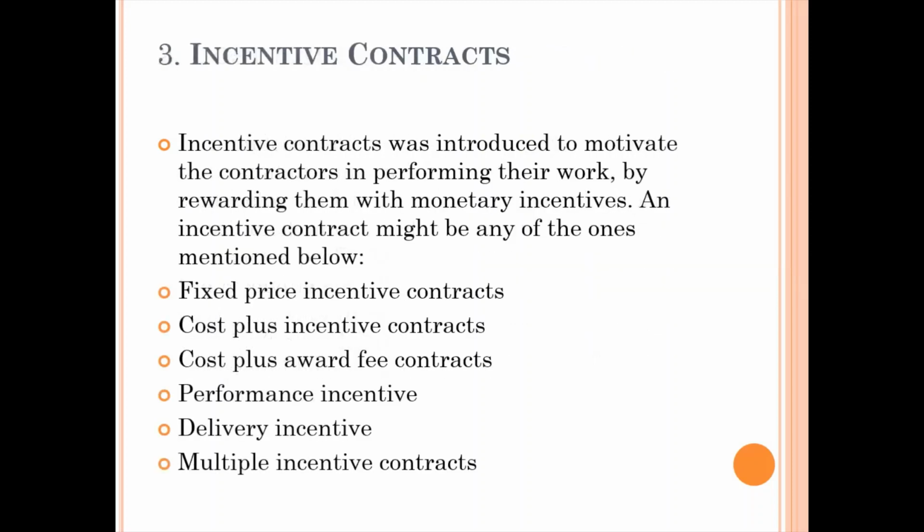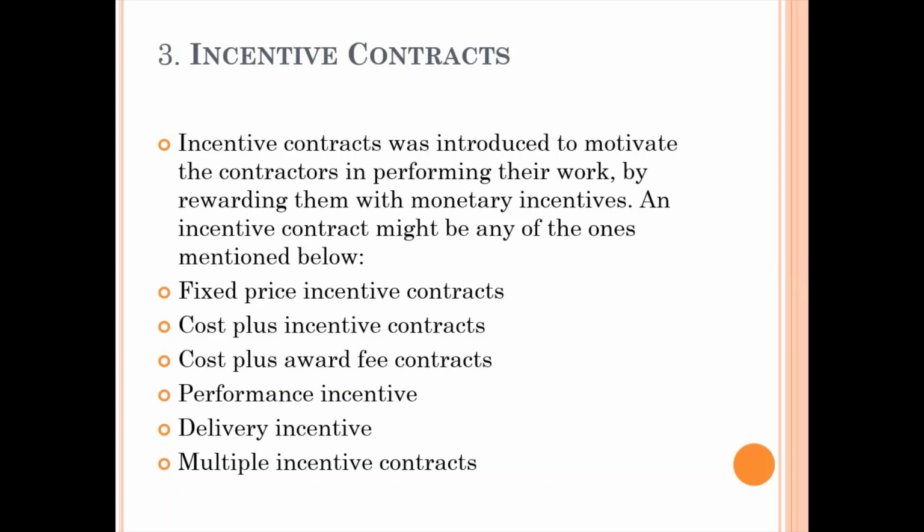The next one is incentive contracts. Incentive contracts were introduced to motivate the contractors in performing their work. These contracts can be rewarding them with monetary incentives. For any project, if a contractor performs outstanding work, say there is a time span to complete the task, that is 1 month, and the contractor finishes that in 10 days, the government will provide some incentive to that contractor.